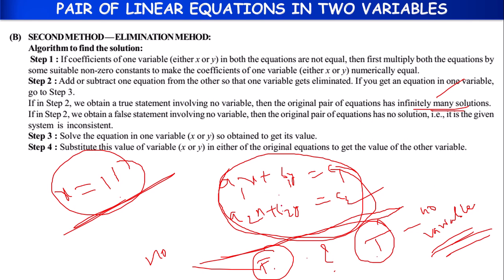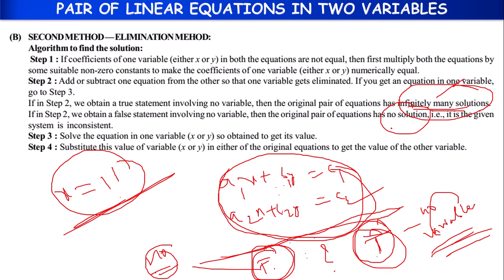But if you get a true statement without any variable, then you will have infinitely many solutions. Or if you get a false statement with no variable, then there will be no solution for the equations, meaning they will be inconsistent equations. In the first case, if it is true, there will be dependent equations like this.